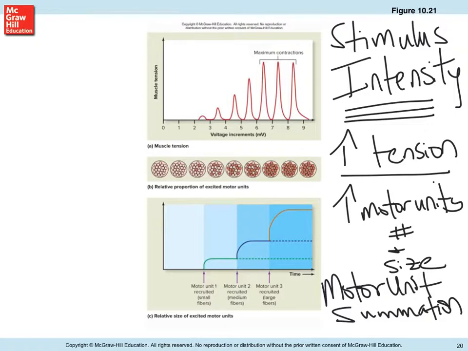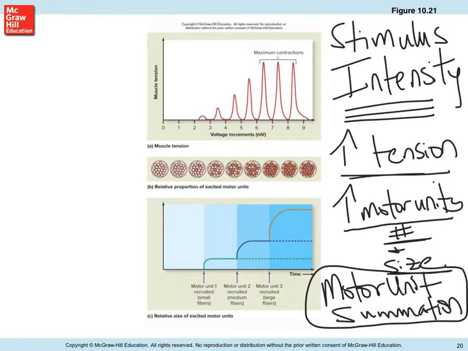And you also will see an increase in motor unit involvement, and there'll be an increase in numbers, so you have more motor units involved, and then you have motor units that have more muscle fibers, so larger motor units being involved. So we refer to the increase in tension due to increase in intensity as motor unit summation, because we're looking at increasing the number of motor units and the size of the motor units that are involved.